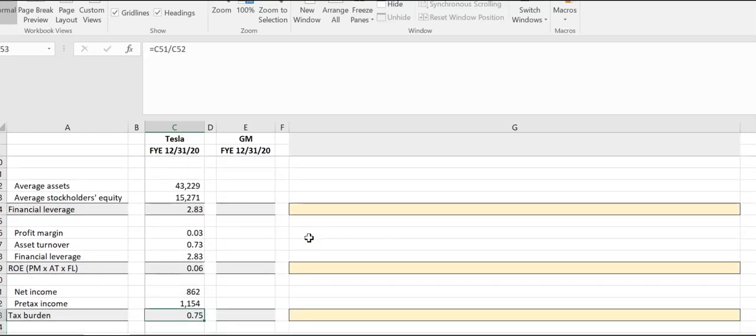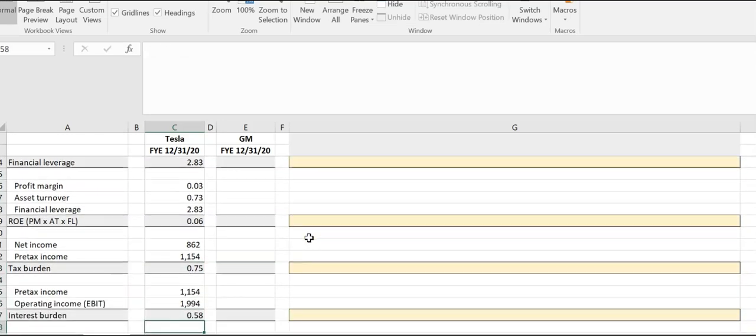We see a tax burden of 0.75. And remember, what the tax burden tells us is if we take 1 minus the tax burden, that's an estimate of the company's tax rate. So this says that Tesla has a tax rate of about 25%. Interest burden, so how many dollars remain as pre-tax income after covering interest expense? 0.58.